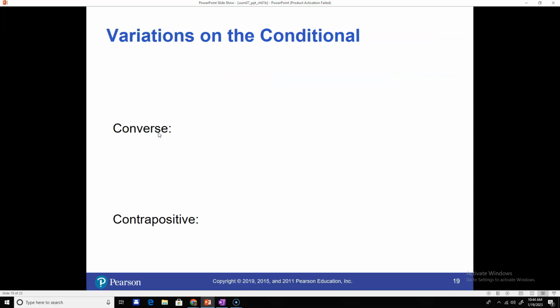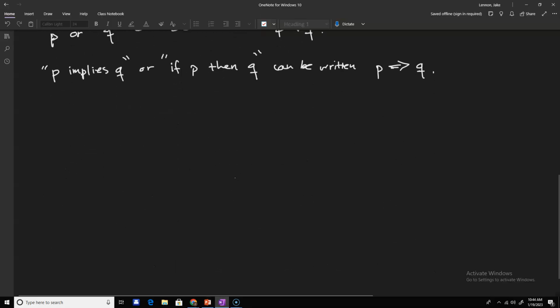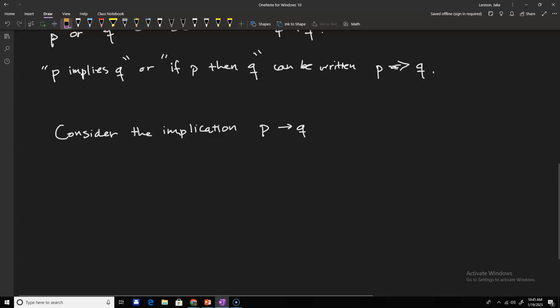Okay, so variations on the conditional. The two main ones are the converse and the contrapositive. So consider the implication P implies Q. Are they using a single arrow or a double arrow? I think in logic they use a single arrow a lot. A lot of times in math we'll use this double arrow, but in logic specifically they'll use single arrows.